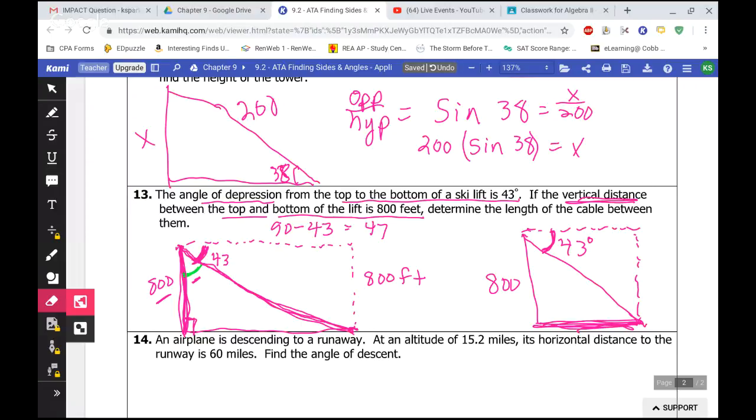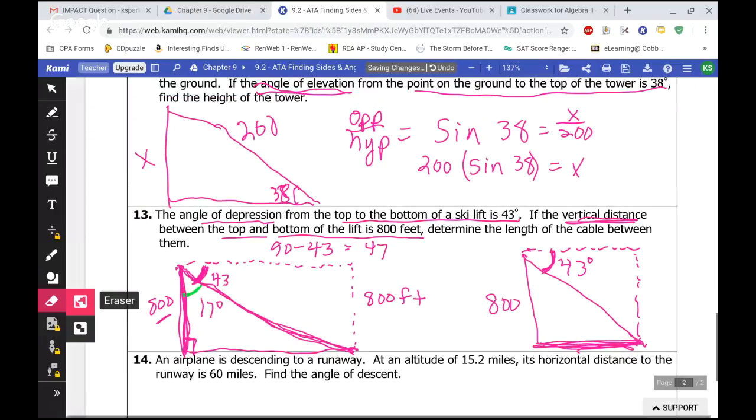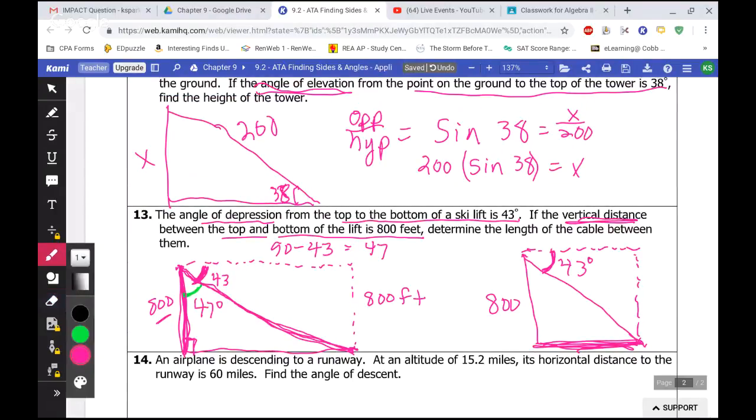One way that we did it in class yesterday, when we started on the angle of depression problems on the back half of the notes page, what we did the first time is found this angle, and then we did the trig ratios based on it, and then found the other one.